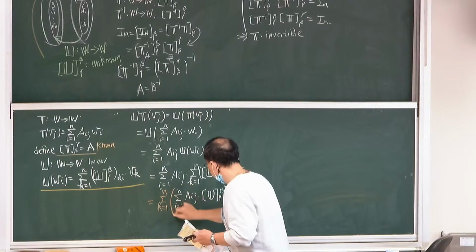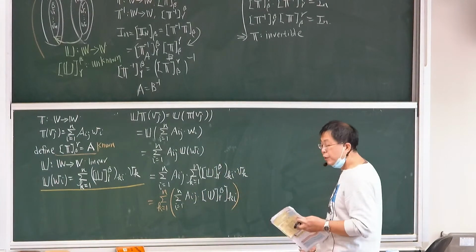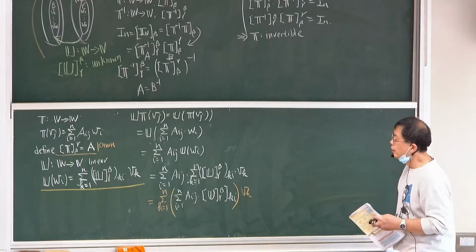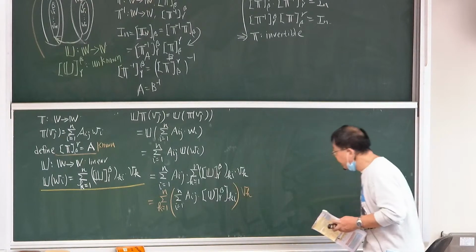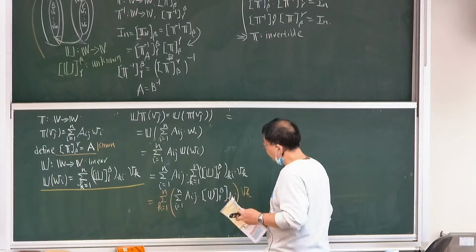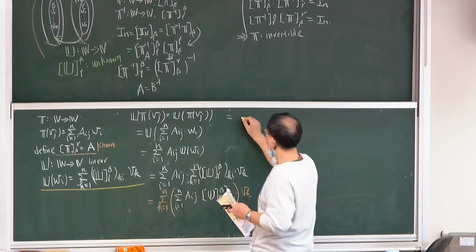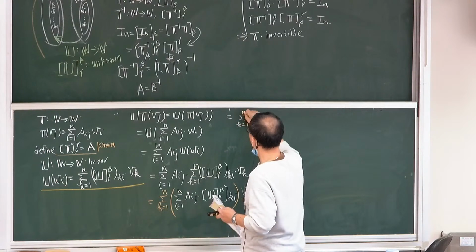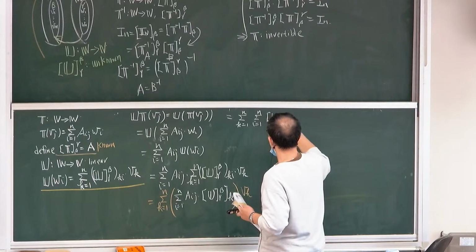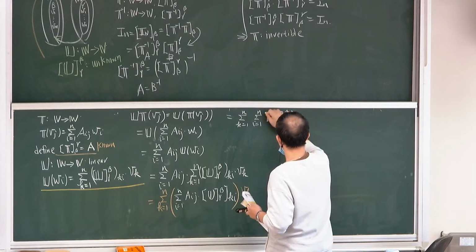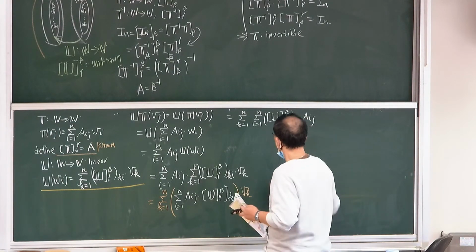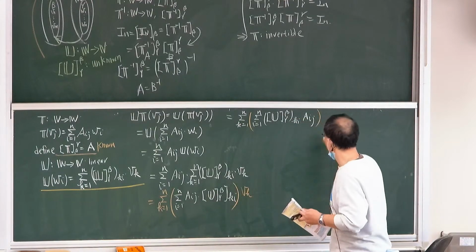Then we have this summation as a coefficient of v_k. Then we change the order again, so we have summation k equals 1 to n, and summation i equals 1 to n of U gamma to beta ki times a_ij, and this is the coefficient of v_k.